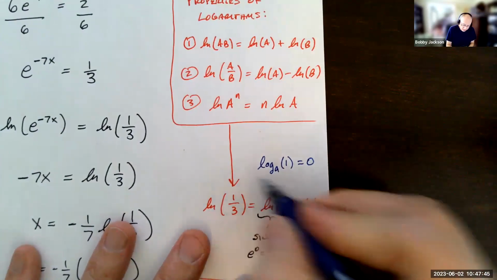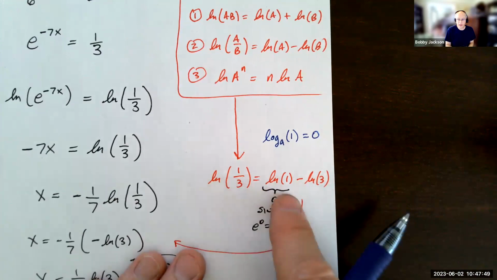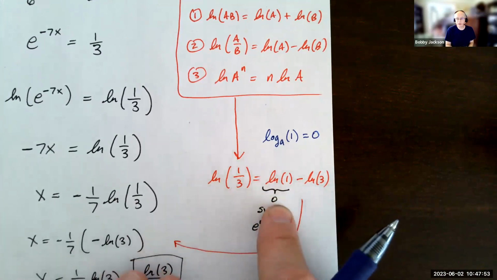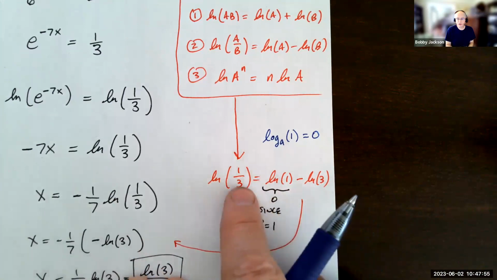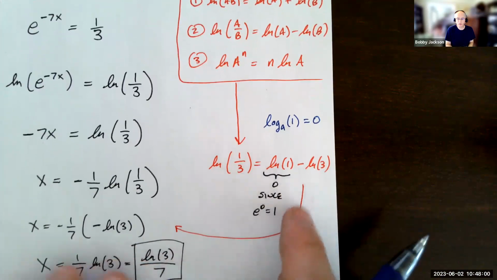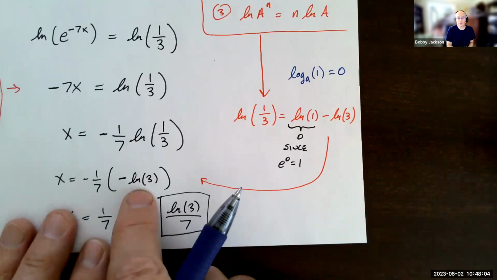That's a fact that we need to know. And so anytime we see a 1 floating around and we're taking the natural log or a log of it, we're going to want to simplify that to 0. So the natural log of 1/3 is 0 minus the natural log of 3, or negative natural log of 3. So I'm going to replace the natural log of 1/3 with negative the natural log of 3.